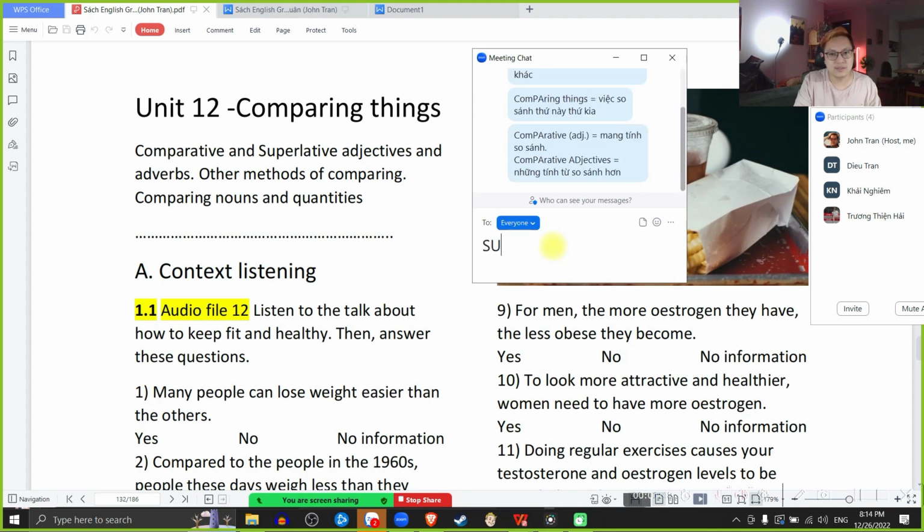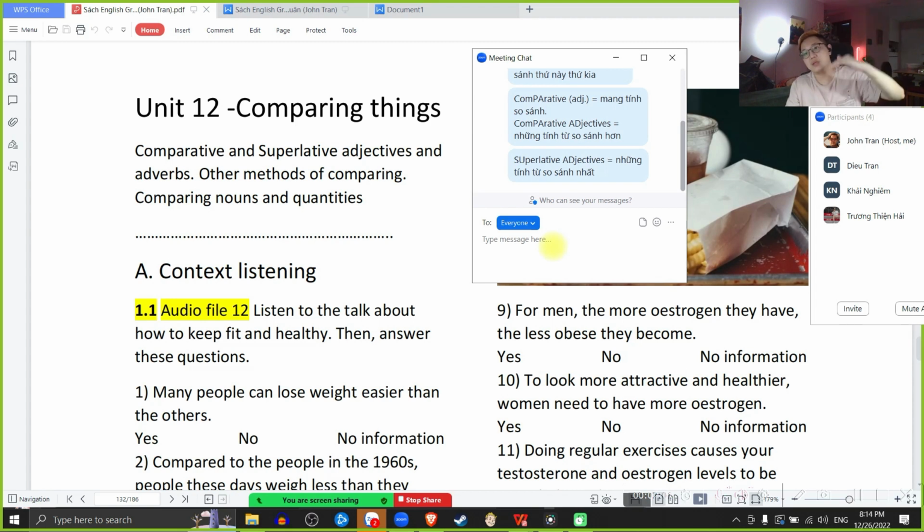The next one is superlative adjectives, nó là những tính từ so sánh nhất. Super means above, you know, super là bên trên. Superlative adjectives and adverbs. So we also have comparative adverb as well.